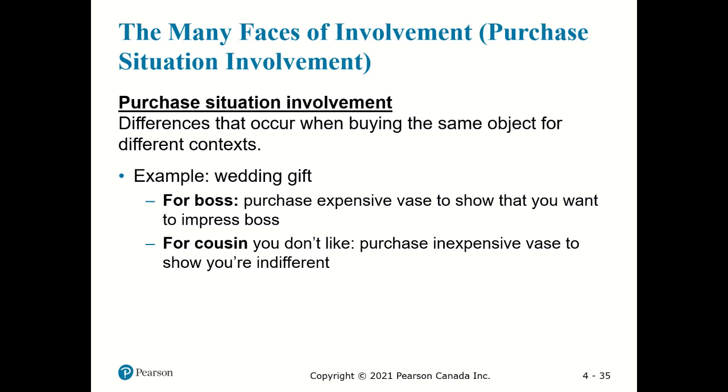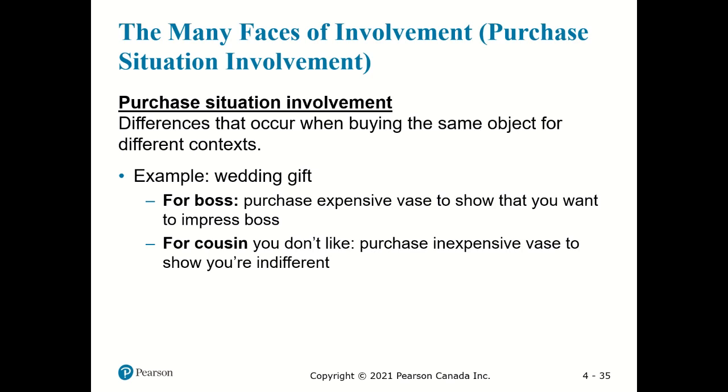For example, you want to buy some wedding gifts, right? If you want to buy some wedding gift for your boss, then you would definitely purchase some expensive vase to show that you want to impress your boss. On the other side, if you want to buy something for your cousin, even if you don't like that person, you have to buy something to give, right?